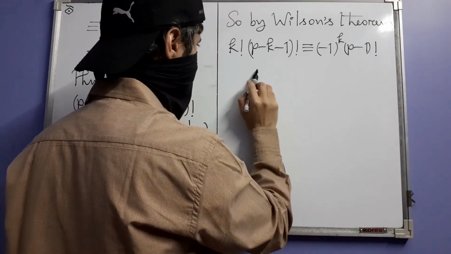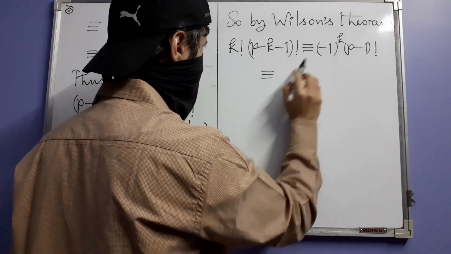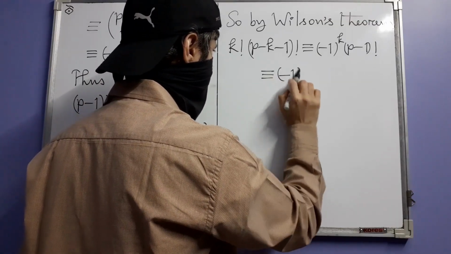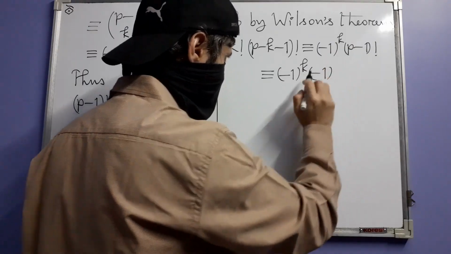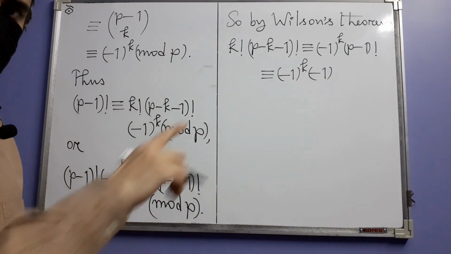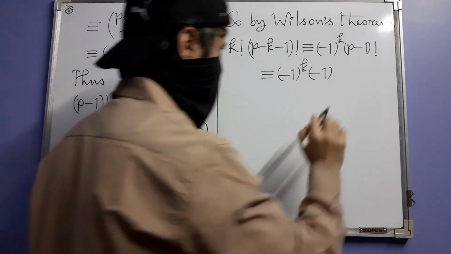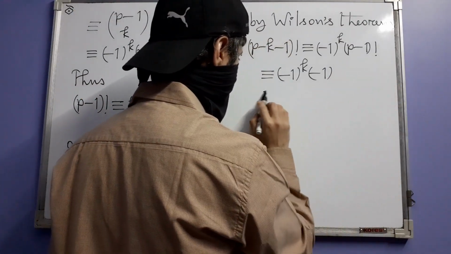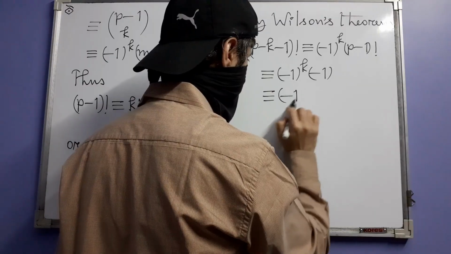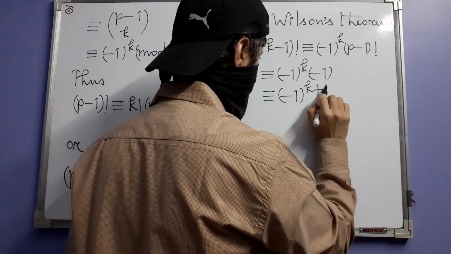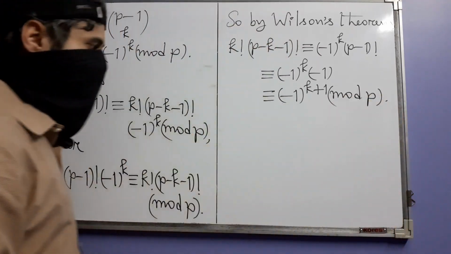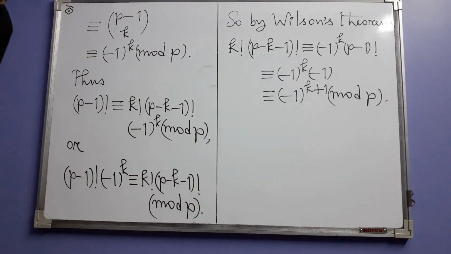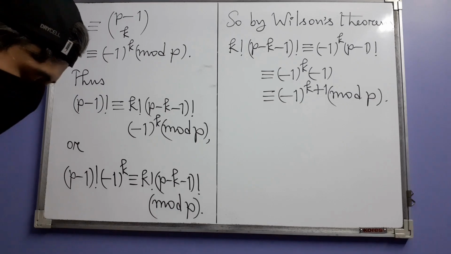Here we used Wilson's theorem because p minus 1 factorial is congruent to minus 1 modulo p. Now if we continue, then it becomes this. So that's what we wanted to show. So that is the solution.